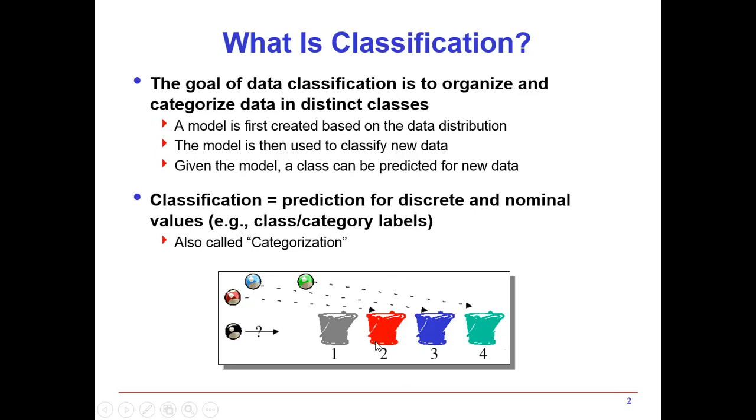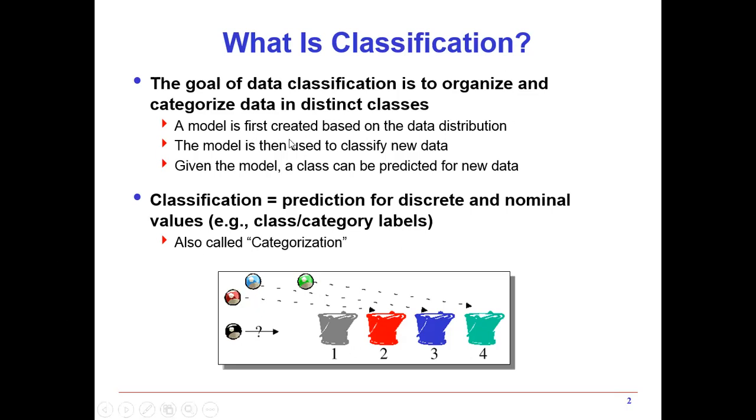These are the four different class labels, and we have so many balls to put into the proper bucket. If you randomly throw them, they will not go to the proper bucket. So we need a classifier that could relate one input with the desired output value. This is the task of classification.